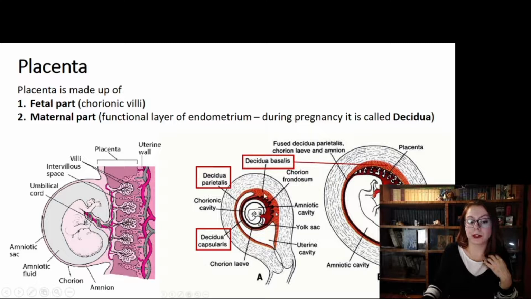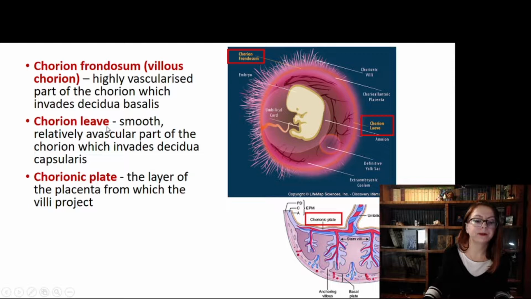Of course, where chorion is in contact with the decidua basalis, close to the maternal vessels, villi are more prominent, and this part we call villous chorion. On the opposite side, where chorion faces the decidua capsularis, there is the uterine cavity, no blood vessels. So this part of chorion is bald and it is called chorion laeve.